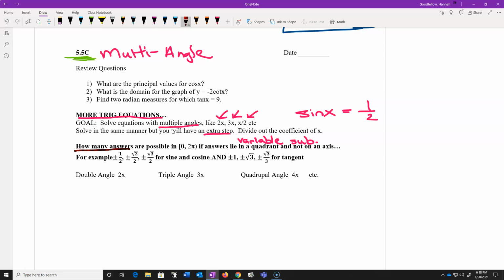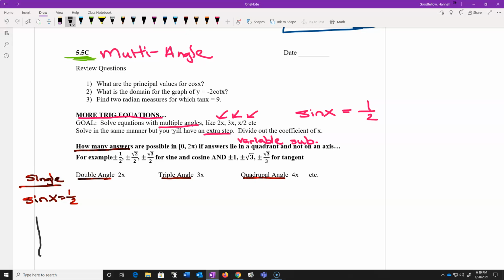If I take, for instance, instead of a double angle or even a triple angle or a quadruple angle, let's just think about what we would do in the single angle sense. Normally when we talk about something like, say, when is sine of x equal to 1/2, what we're really thinking about is the graph of sine of x, and how it's being graphed.